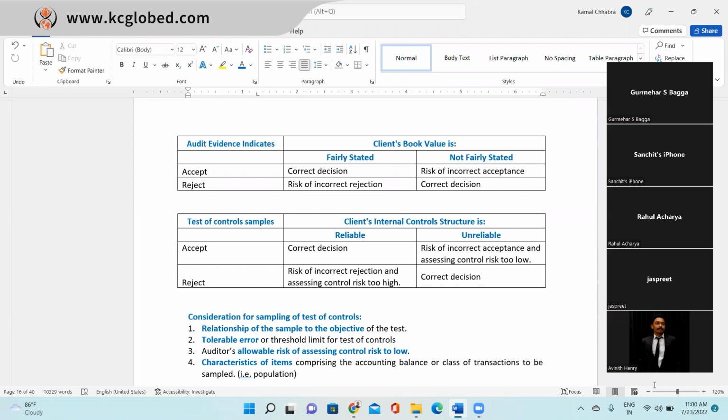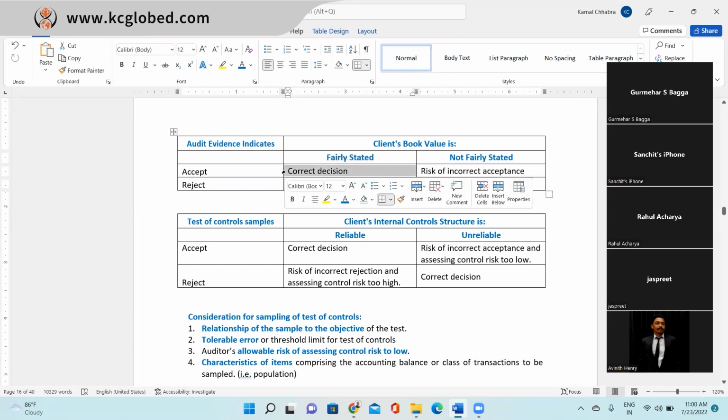If the entire population in the client books is also fairly stated, then the conclusion you have reached is also correct, because you have accepted and the client books are also fairly stated, so your conclusion is right.